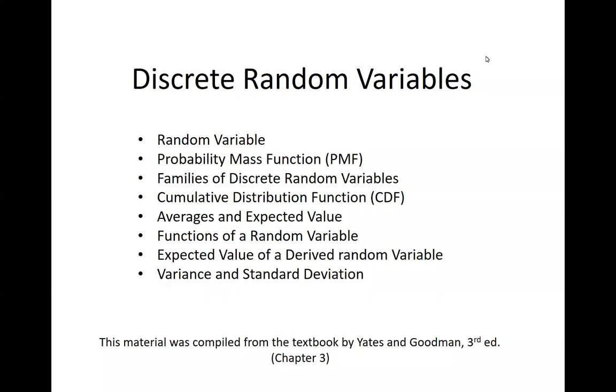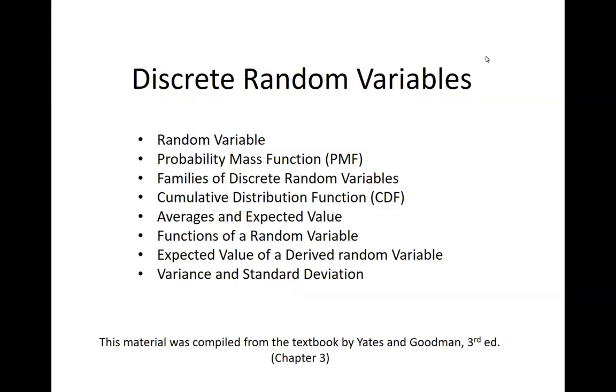Okay, let's start. Today we'll be studying discrete random variables. Here is the outline of the lesson. First, we'll introduce random variables and then probability mass function and some discrete random variable types.